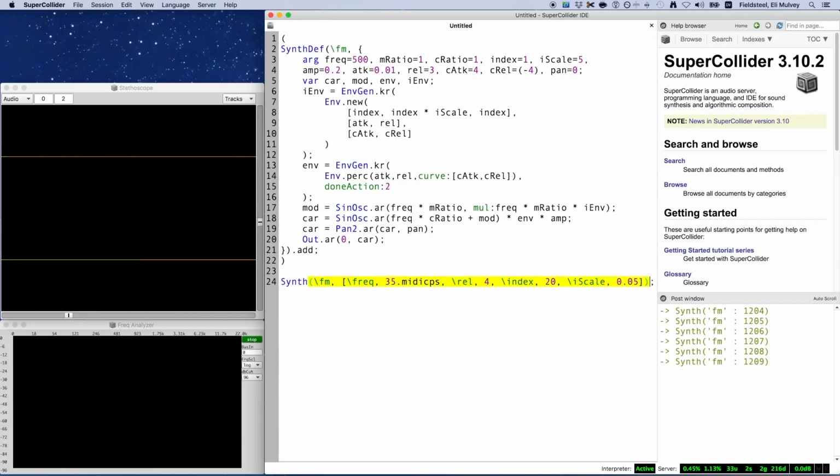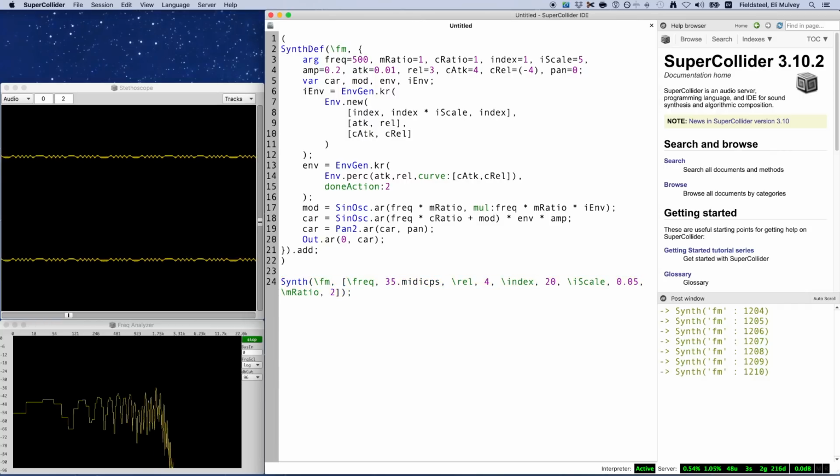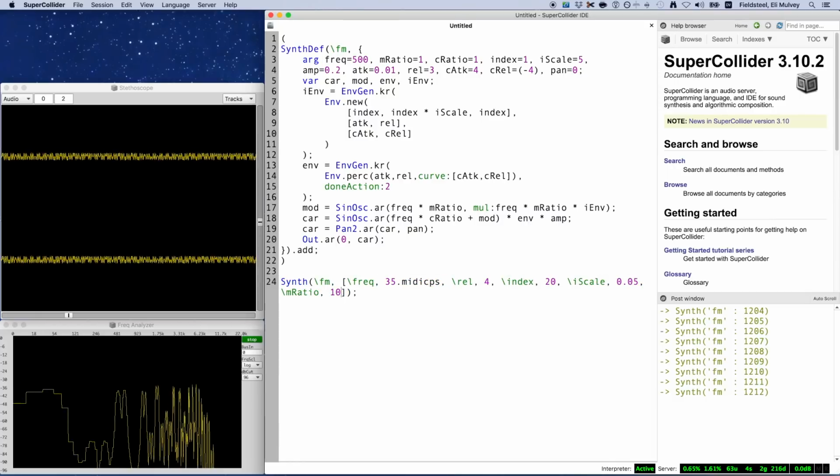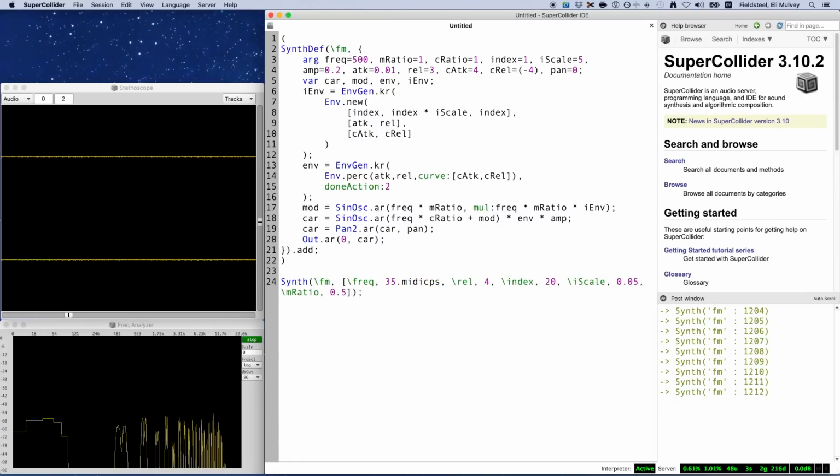And let's not forget, we can also play around with the carrier modulator ratio. For teaching purposes, I've tried to keep this SynthDef relatively simple.